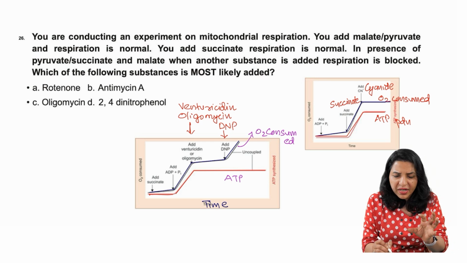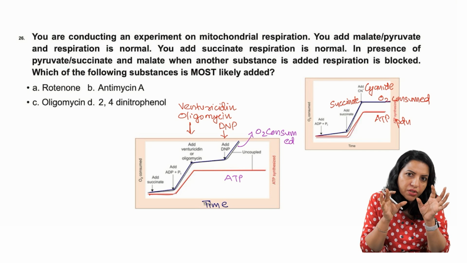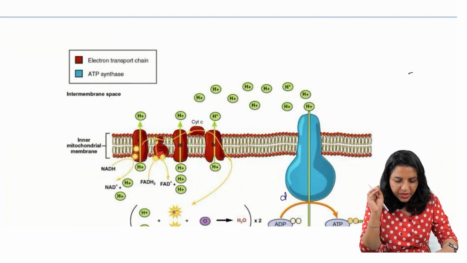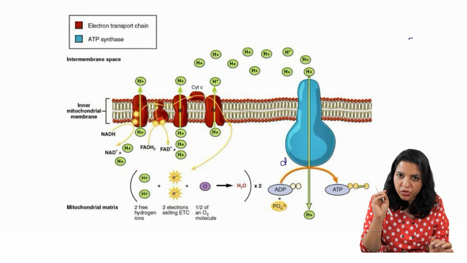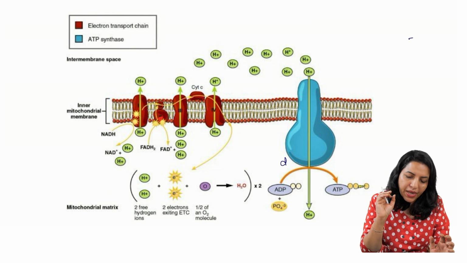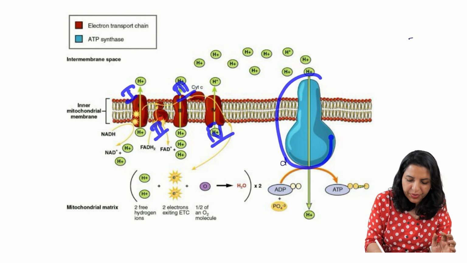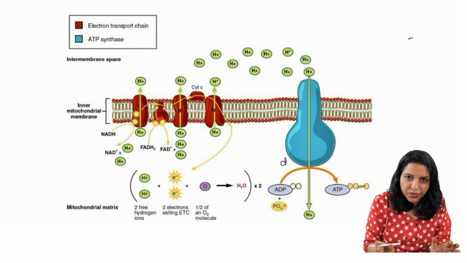To understand this, let me tell you the effects of various inhibitors of the electron transport chain. Just see this picture, this is the electron transport chain located in the inner mitochondrial membrane. This is complex 1, this is complex 2, this is complex 3, this is complex 4, and this is the ATP synthase complex. The inhibitors are of different varieties.